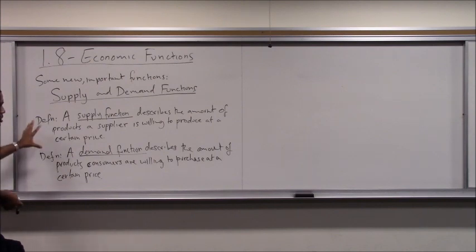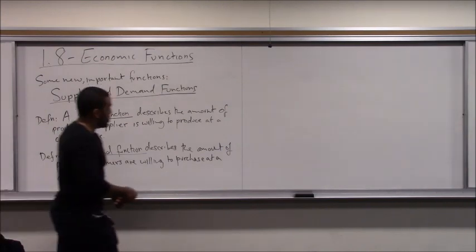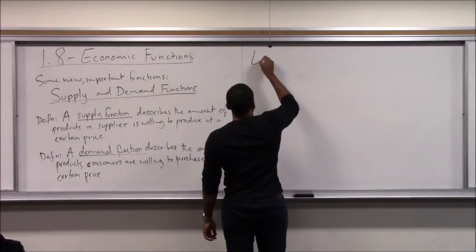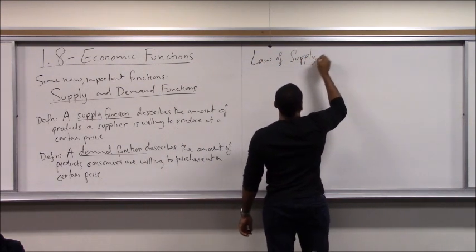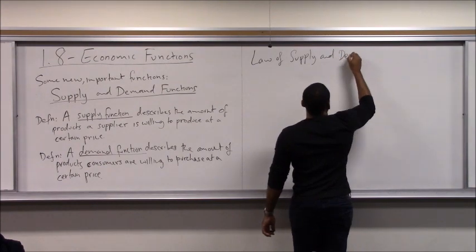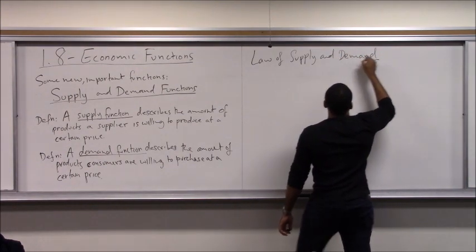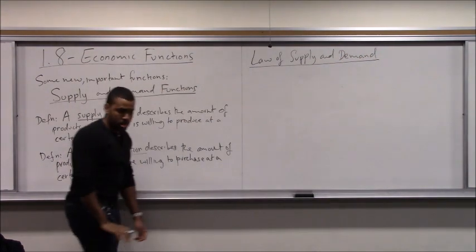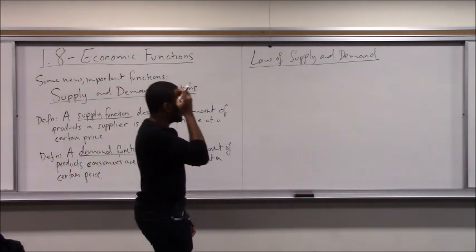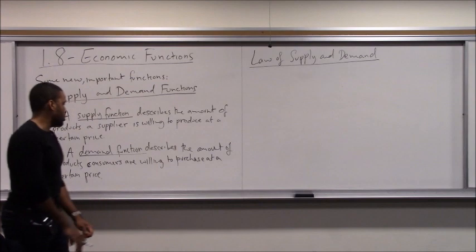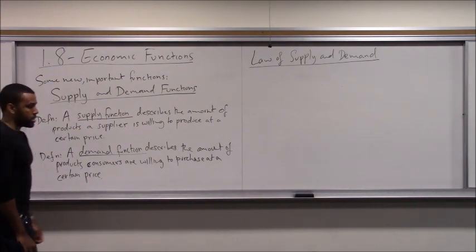And we'll talk a little bit more about how these work together, but we can introduce immediately something called the law of supply and demand. I don't know why they call it a law. It's really somewhat of an assumption. But it just seems to be an assumption that gets fulfilled most of the time in an economic context.